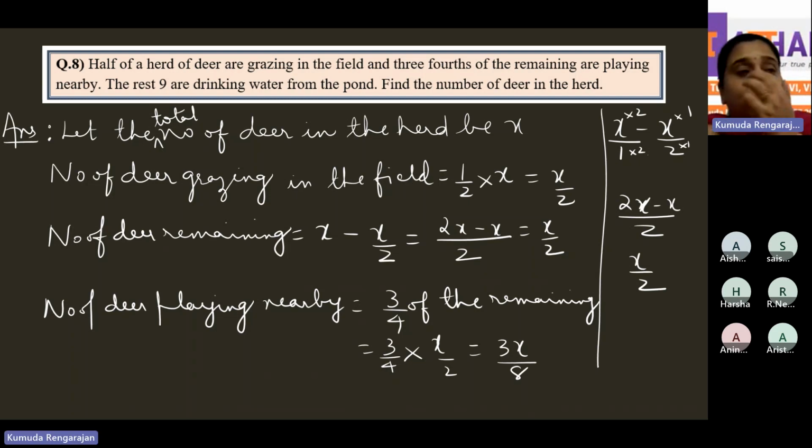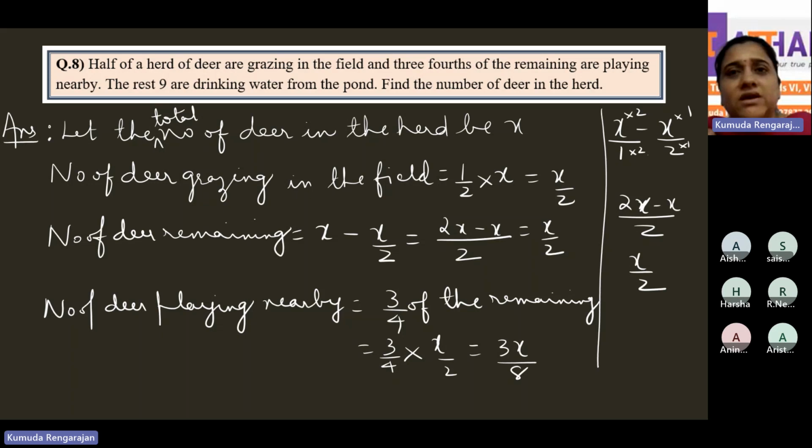So what is the total number in the herd? X. How many are grazing in the field? Half of X. It's given there. Half of the herd are grazing in the field, so X by 2. Now we have to find the remaining because the next part is 3/4 of the remaining are playing nearby. Totally in the herd there are X deer and X by 2 are grazing.